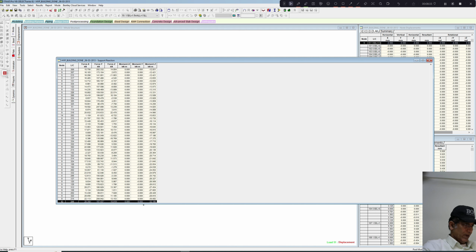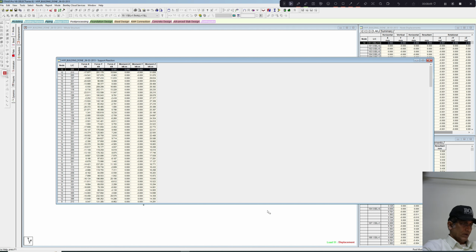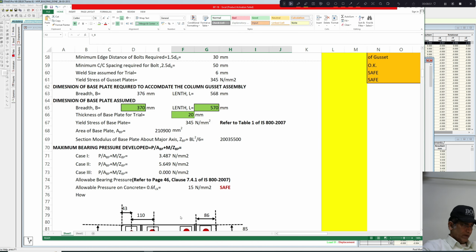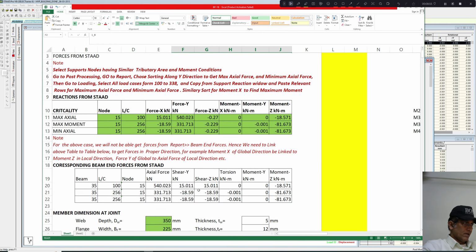We should see both the cases. 32.195 is one case, and 33.913 is the other case. This is the maximum moment case. So let us pick this up and go to the Excel file and paste it in the maximum moment column.